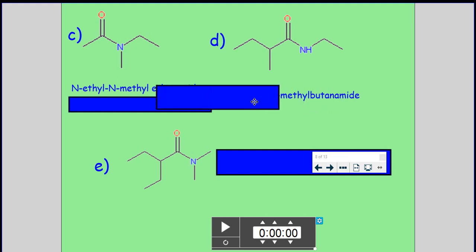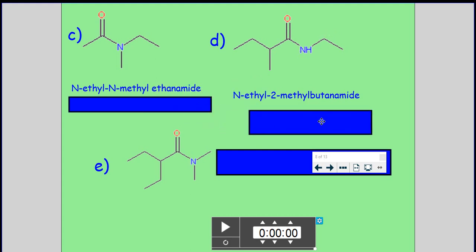You see that we have 2-methylbutanamide. This is a secondary amide. One alkyl group here, another alkyl group attached to the nitrogen, and we get 2 carbons, which makes it ethyl. Write your N designation, put it all together: N-ethyl-2-methylbutanamide.